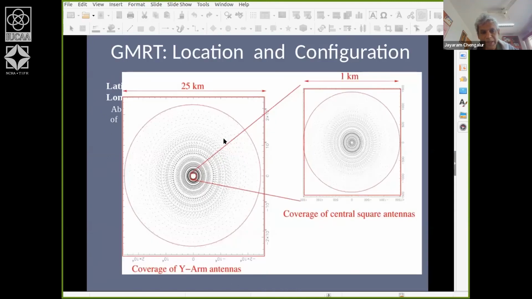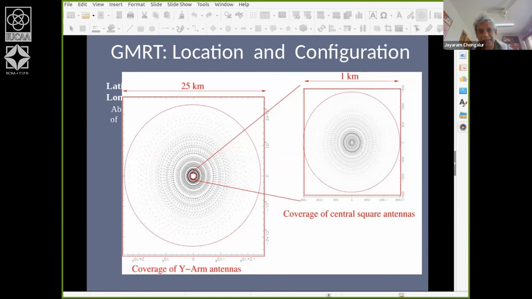As we have been discussing, the points over here tell me where I have measured the visibility function V of U and V. Wherever I see a point, there I have a measurement. I have no measurement elsewhere. It's not like I've actually measured the function everywhere in the UV plane. To measure it everywhere, I would need to know the function at all points from 0 to infinity.